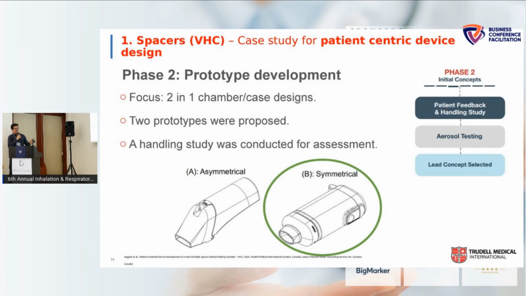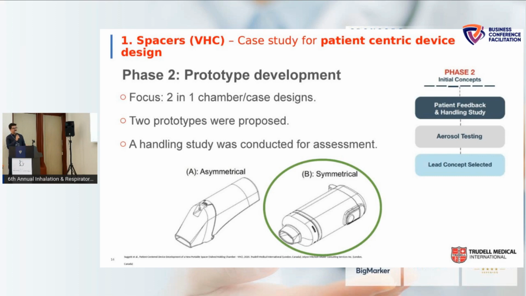So now moving to phase 2, the prototype development. They of course considered the patient feedback, so they focused on designing a 2-in-1 chamber plus case design. They proposed 2 prototypes initially to the patient population, and they conducted an initial handling study to understand the patient experience.